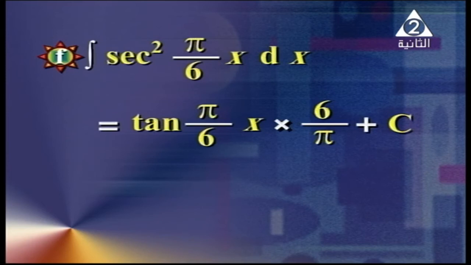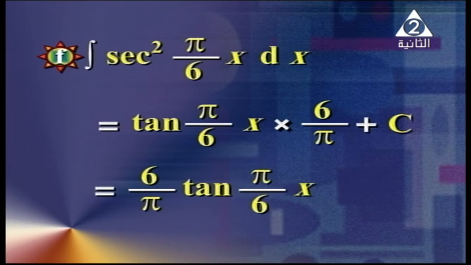Integration of sec square equals tan, divided by the coefficient of x, pi over 6, or multiplied by the multiplicative inverse 6 over pi, plus c. Then the answer is 6 over pi, which is a constant, multiplied by tan pi over 6x plus c.